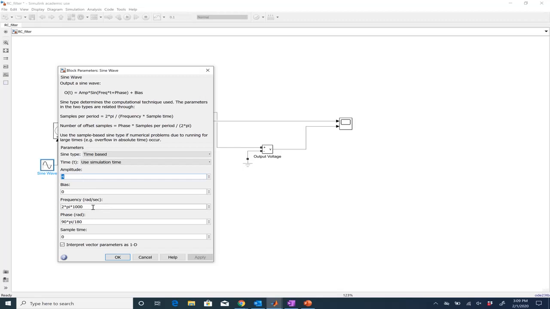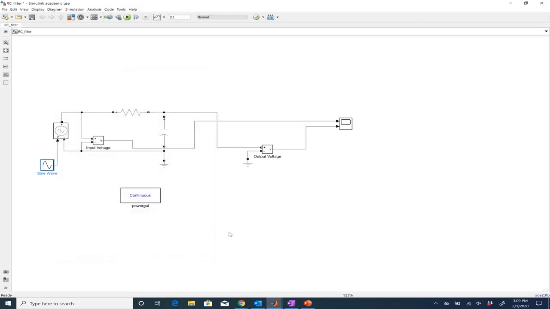Frequency: in this case, I've set it to 2 pi times 1,000 radians per second. So that would be 1,000 hertz. And I've given this a phase shift of 90 degrees. Notice that I've multiplied that by pi over 180 to get that into radians. By definition, this is a sine wave and not a cosine wave, and I've shifted it by 90 degrees, which ultimately makes it a cosine wave.